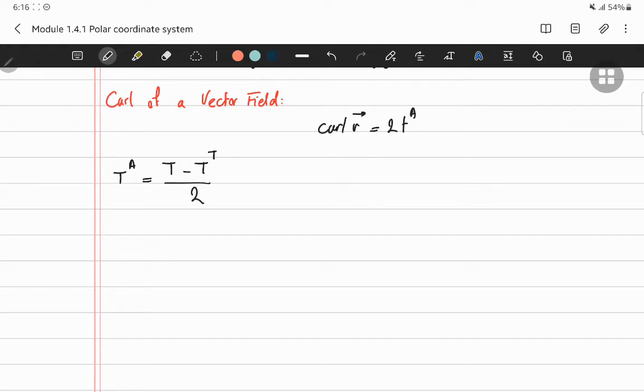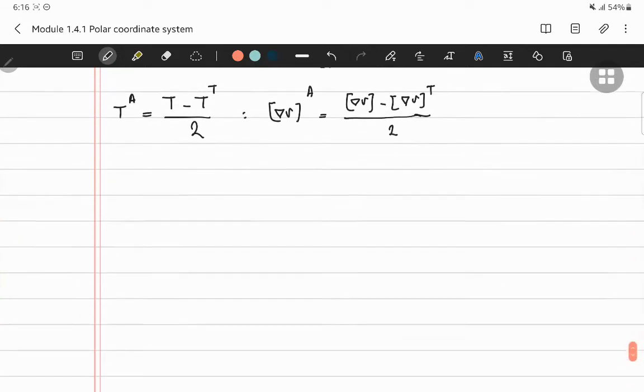For our case, this is del V minus del V transpose divided by 2.